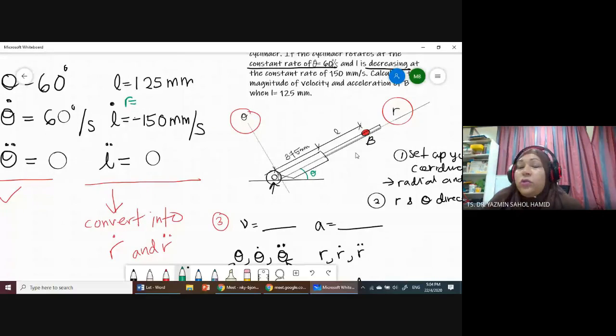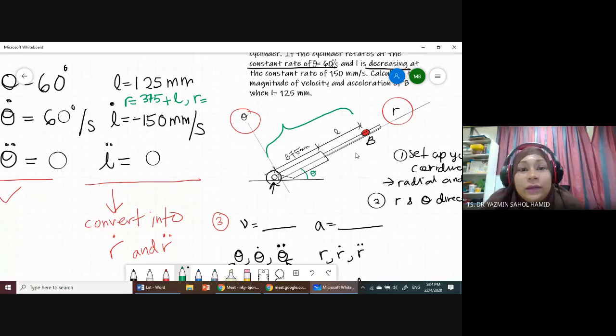R equals 375 plus L. Our L is 125 mm, and our R is 375 plus L. So what is our R? 500 mm. Yes, good. So that is our R, 500 mm.